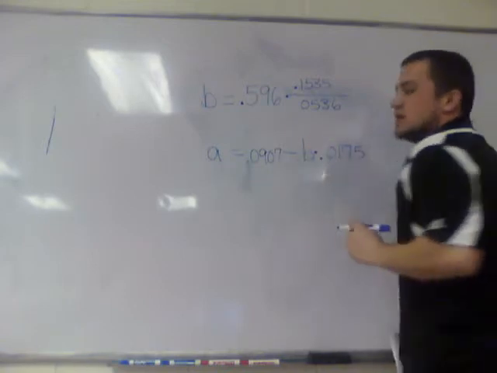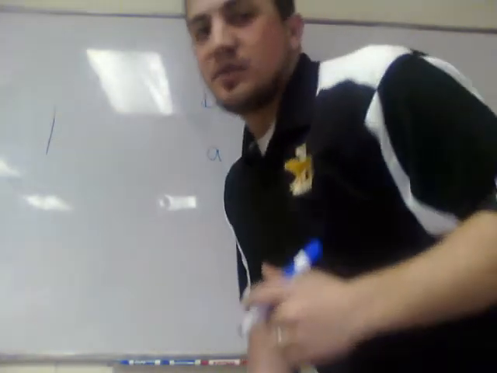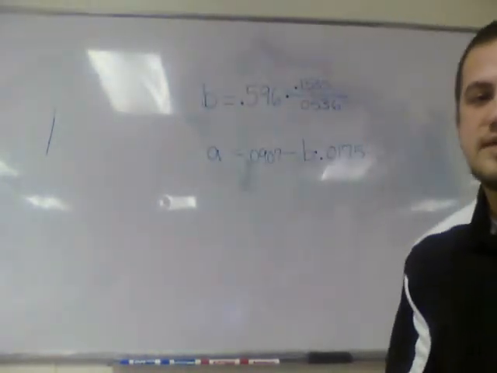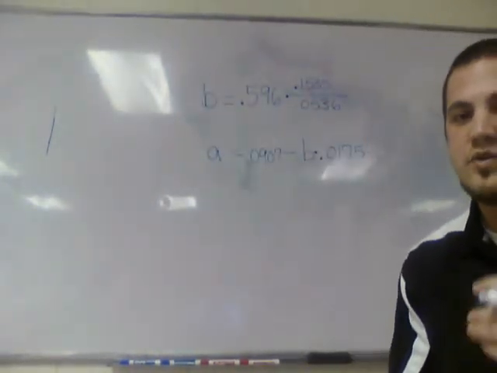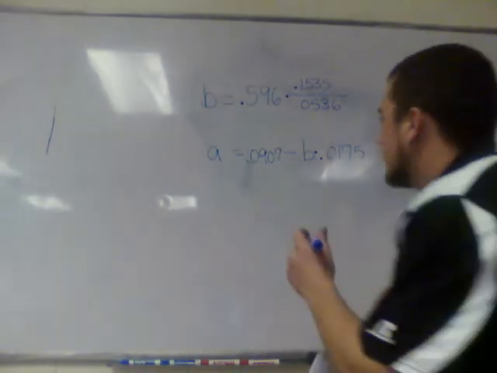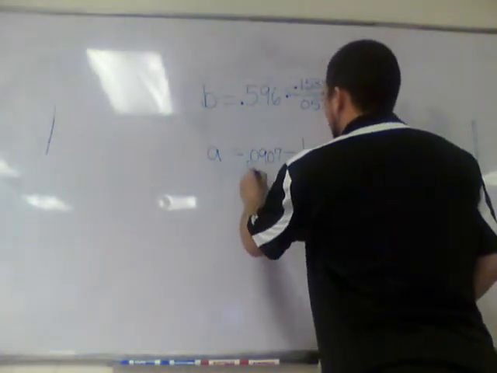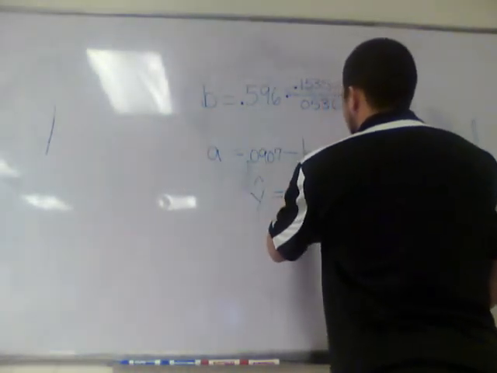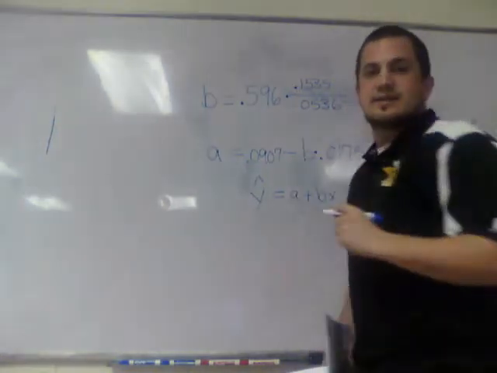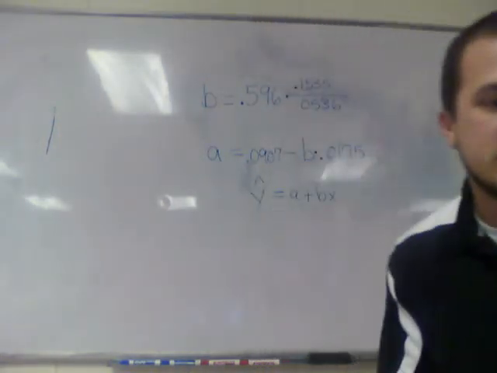So remember, those percentages, you've got to be able to change them to a decimal and be okay with that when you're working these formulas. That will give you A and B, and then just remember the formula is y hat equals A plus bx, and that gives us the equation for that one.